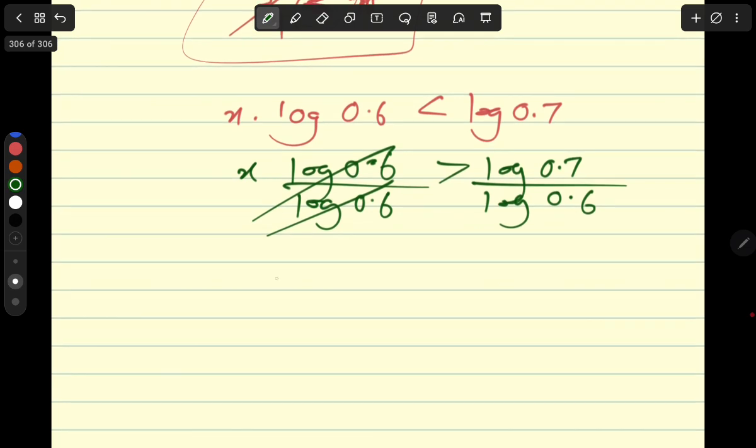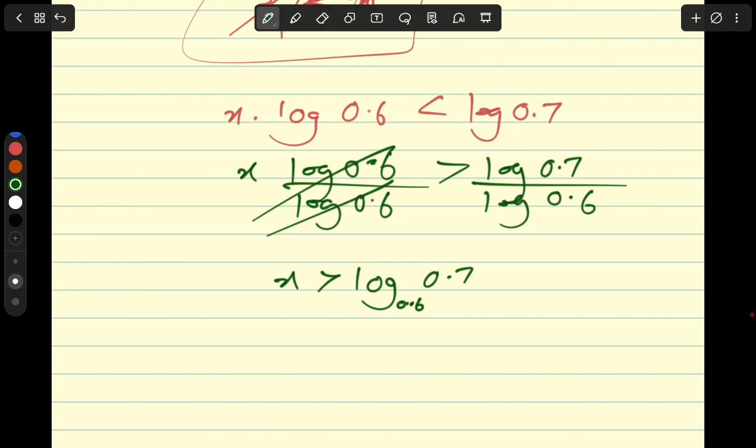This cancels and you're left with x is greater than whatever this fraction is going to be, or you can rewrite it as log of 0.7 base 0.6 by change of base law. Okay, so this is the intuition or the logic behind it.